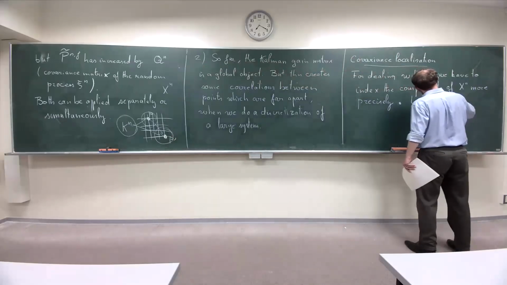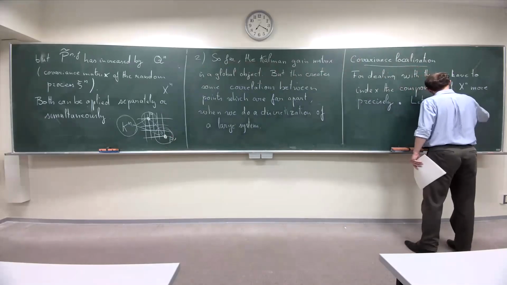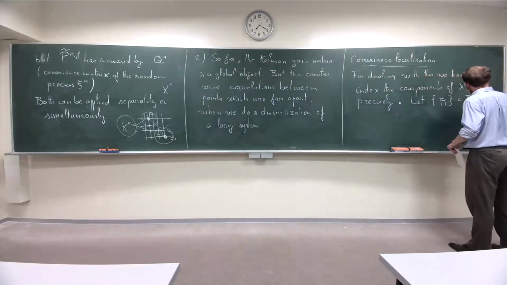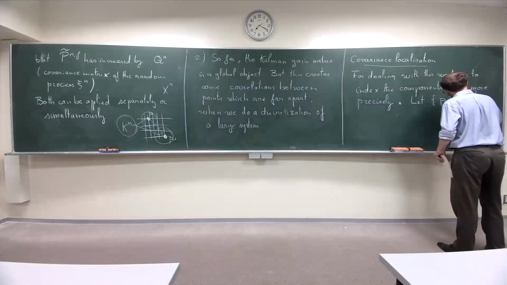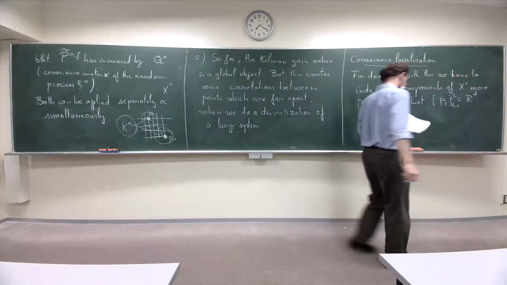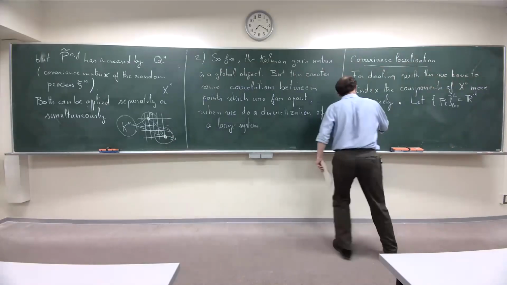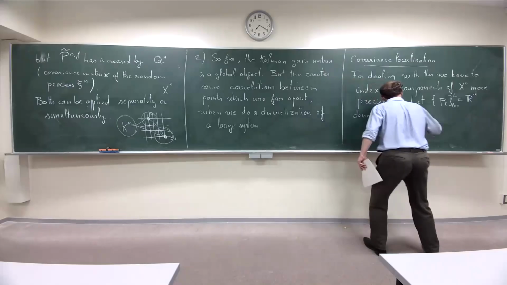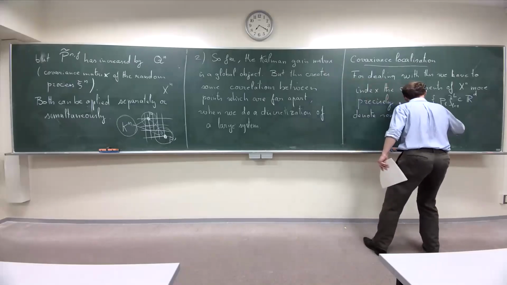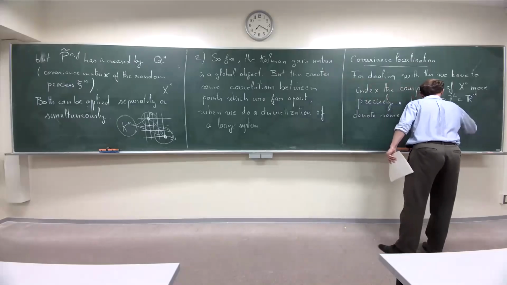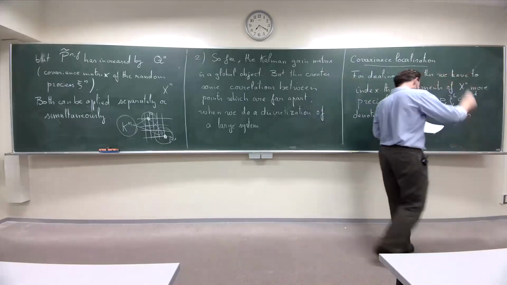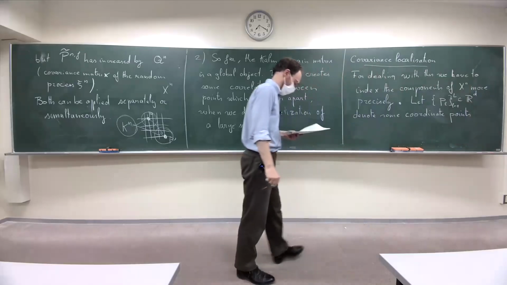So let p_l, a small p, included in R^d, be a family of points like this. Now I want to say that these are coordinate points. It's a grid in R^d.